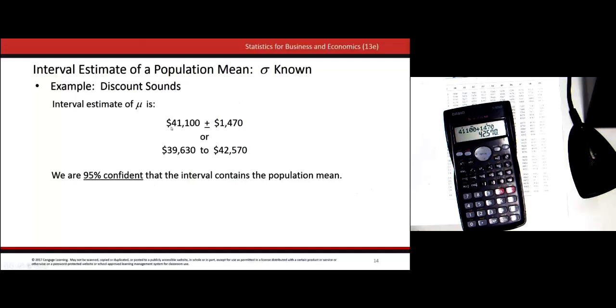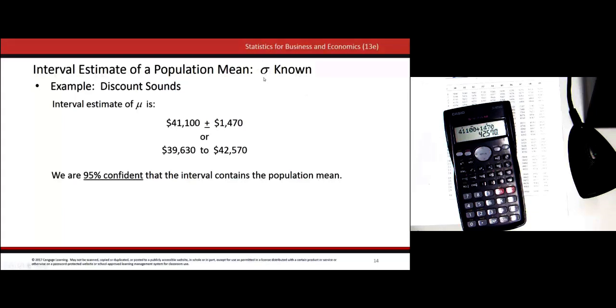So you collected the sample and calculated the sample mean, which is 41,100. But we don't know how close this 41,100 is to the population mean. So we also calculate the confidence interval. How did we calculate the confidence interval? Point estimate plus minus margin of error. Here sigma is given.